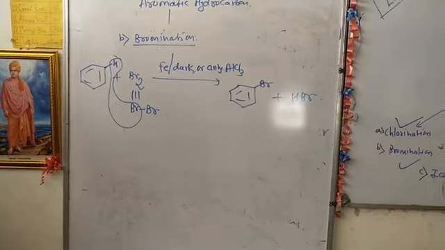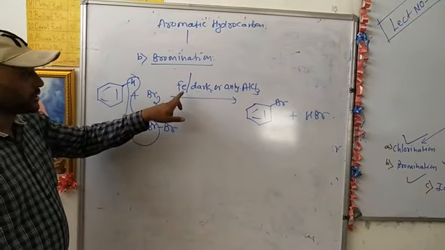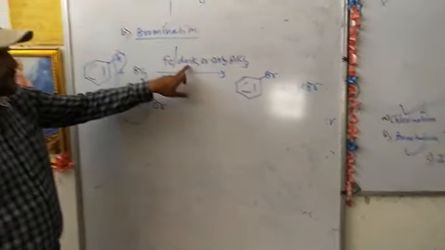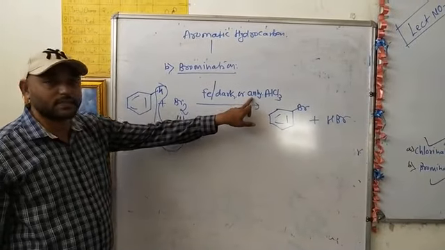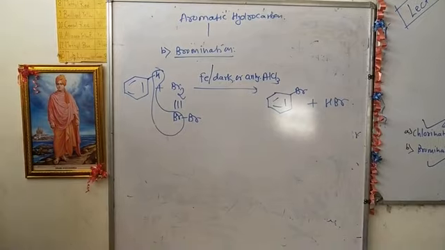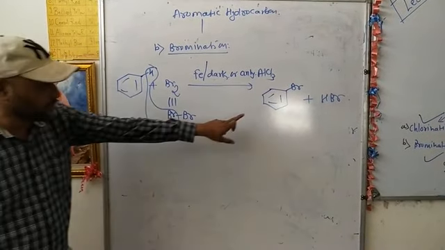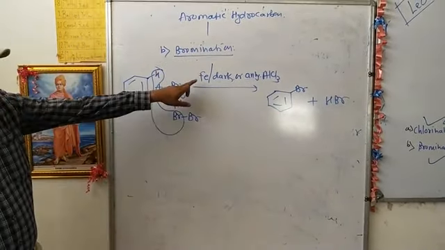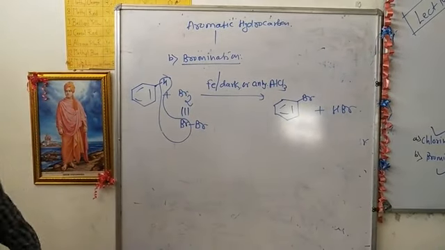During bromination you use Fe as a catalyst in presence of dark, or anhydrous FeCl3 or AlCl3, which acts as a Lewis acid or catalyst. So from benzene we can prepare bromobenzene in presence of Fe dark.